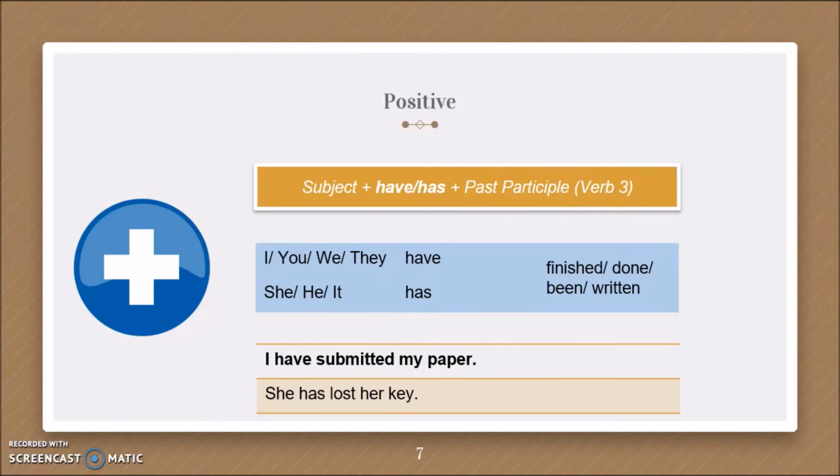The most important thing is the verb. We have to use past participle, or we commonly call it as verb 3. I have 2 examples here. The first one is I have submitted my paper, and the second is she has lost her key.